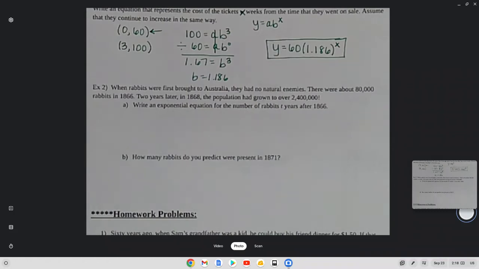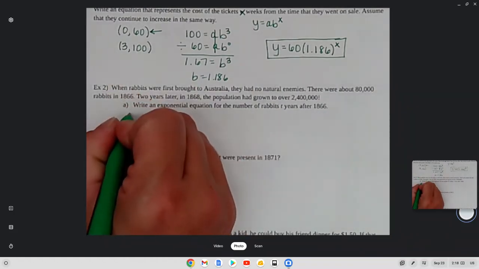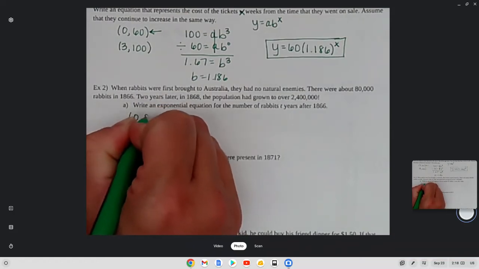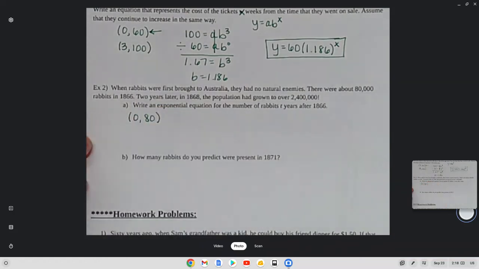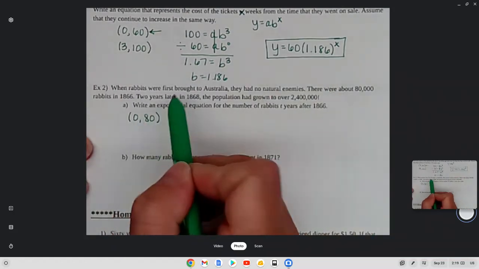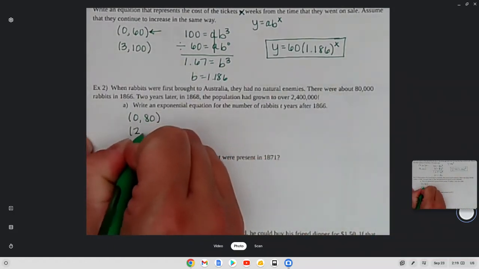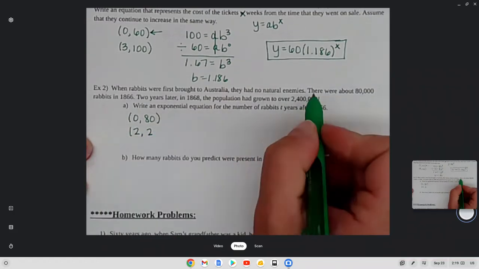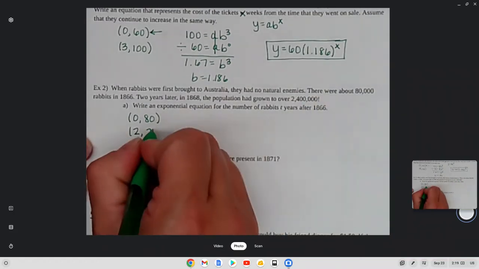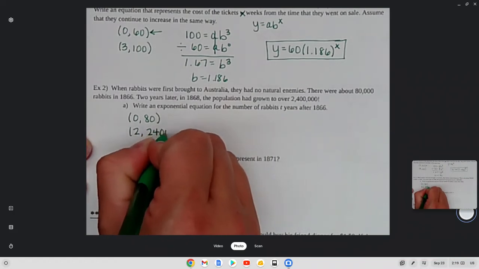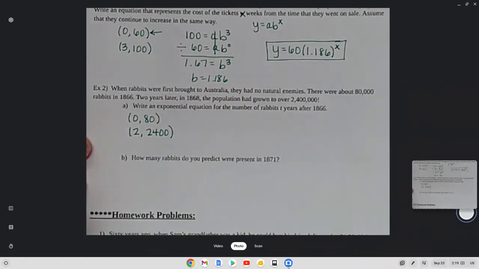Well, we're going to pull our points, quote unquote, from this information. Now, I don't want to include all of these zeros, so I'm going to say that originally they were at 80,000, knowing that this is in thousands, right? And then 2 years later, if I cross off the 1,000 part of it, they were at 2,400.